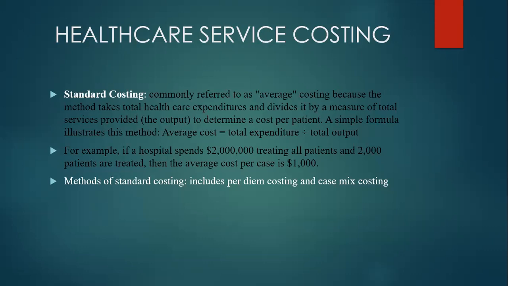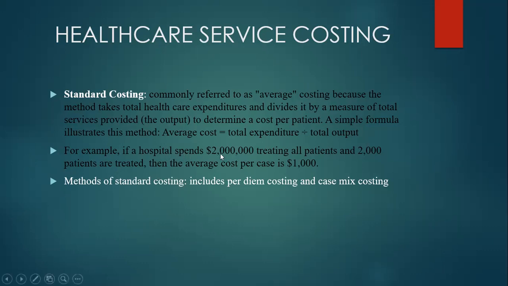You look at all the cost of your medicines, lab reagents, consumables, salaries, allowances, equipment, everything. You put all of them together, and then you look at how many patients you served during the year.